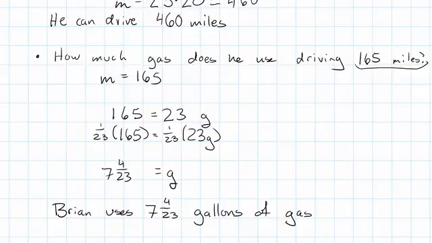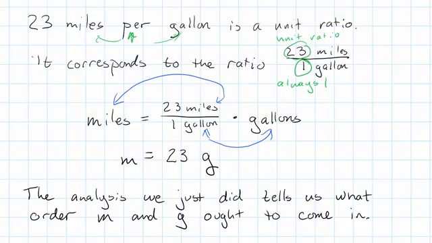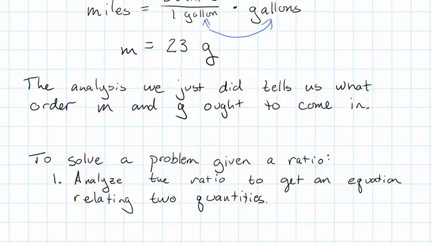Okay, how did we approach this problem? There were really two phases of this problem. First, we spent some time analyzing the ratio, and the result of that analysis was this equation m equals 23g. It was an equation relating two quantities, miles driven and gas used.